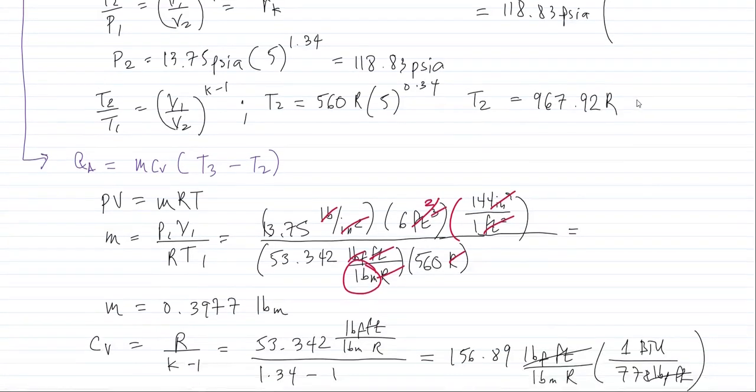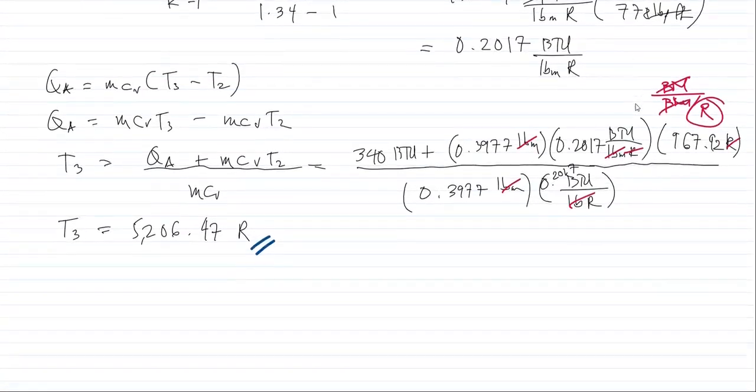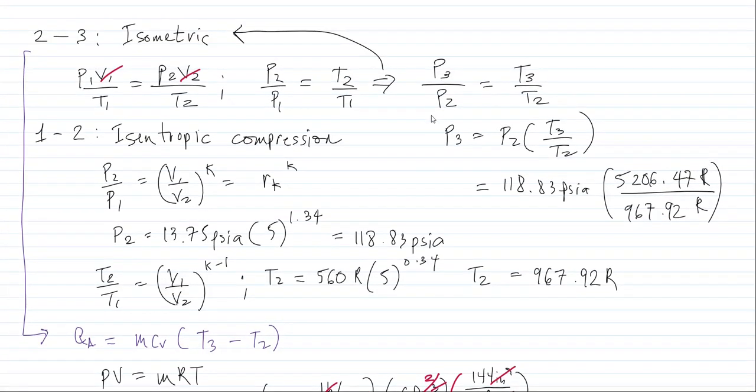T3 is equal to 5,206.47, and T2 is equal to 967.92. Remember, this formula came from the isometric process. So simple lang siya.